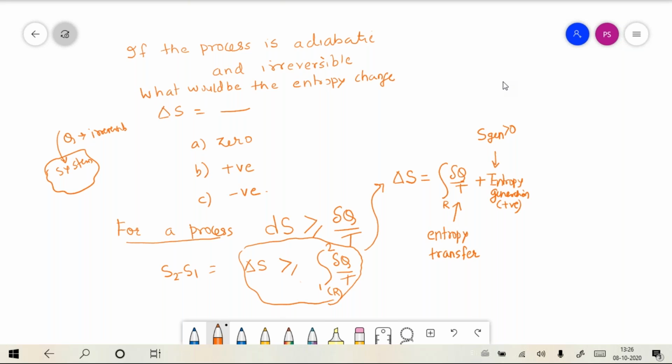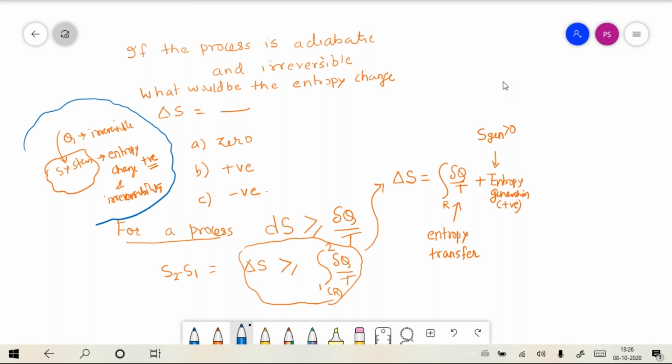The entropy change would be positive, one because the heat is being transferred to the system, and second because of irreversibility. So these are the two ways the entropy can change: one is because of heat transfer and the other because of irreversibility. Now consider this as case one.